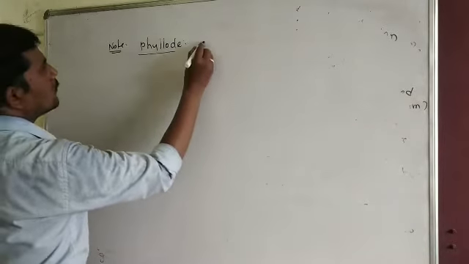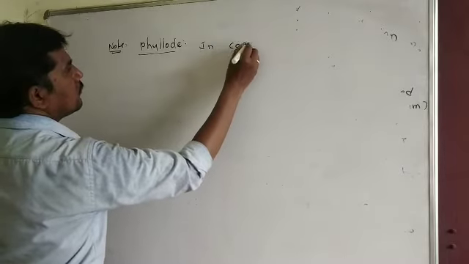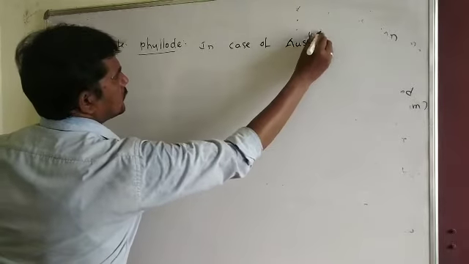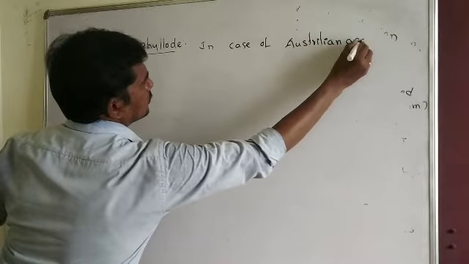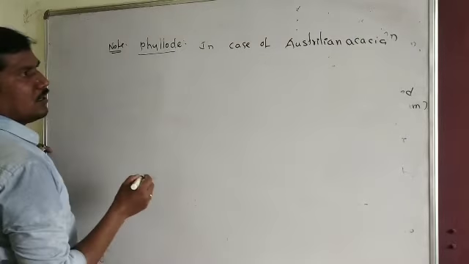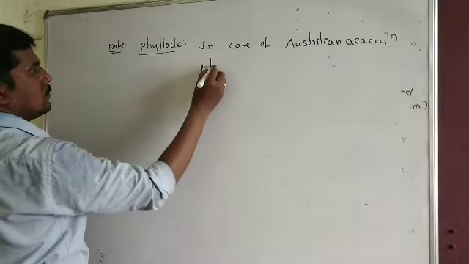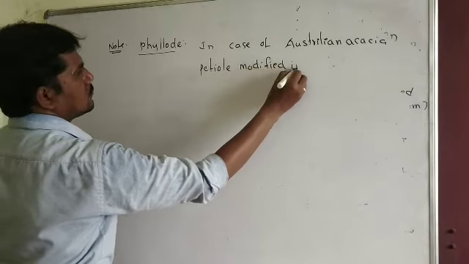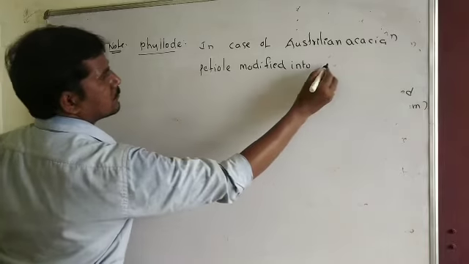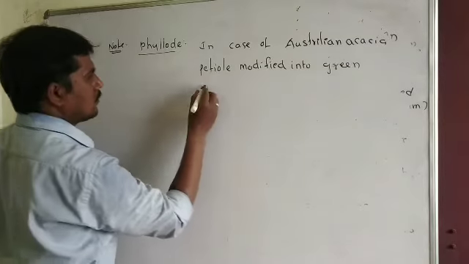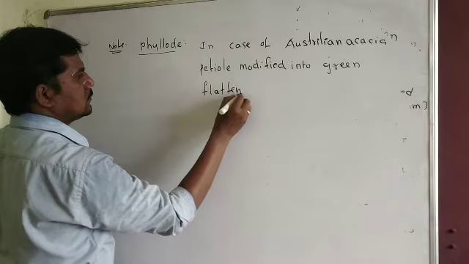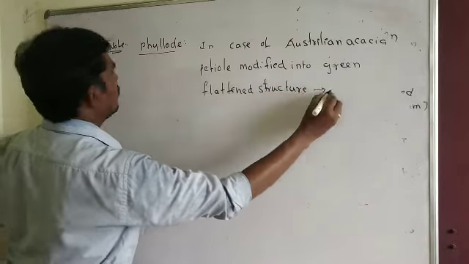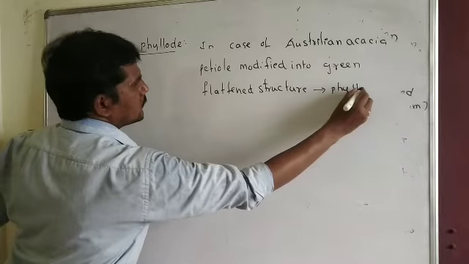Phyllode is nothing but, in Australian acacia, the petiole modified into a green flattened structure called a phyllode. Very very important.